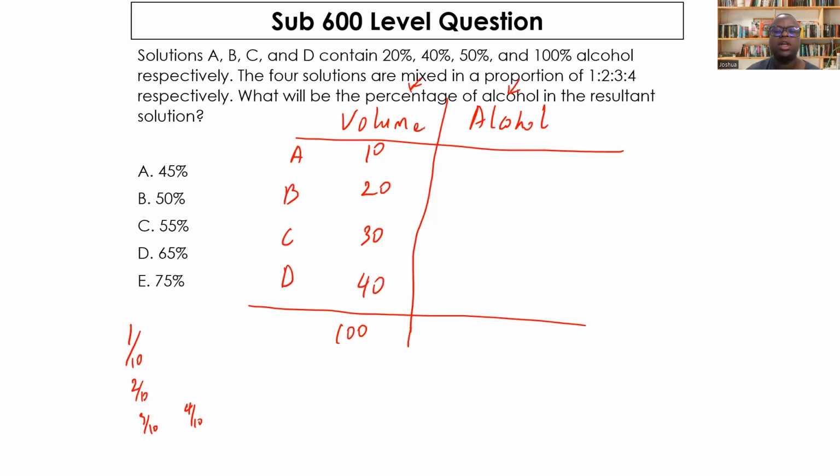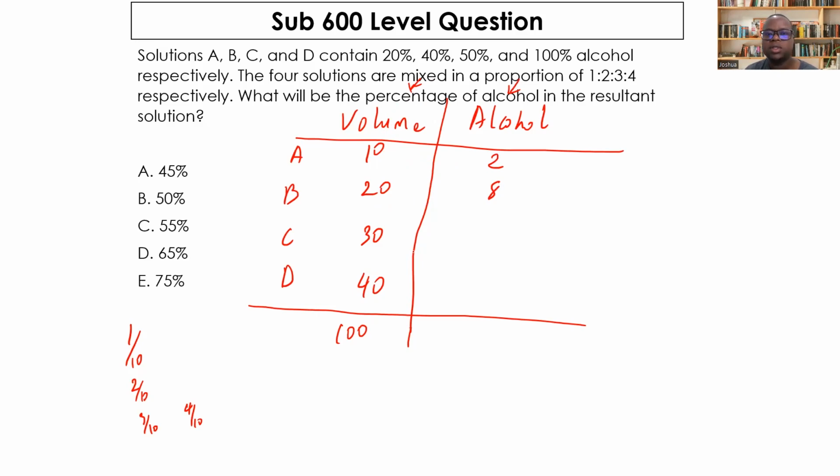That is the volume of the liquids as they are mixed. Then what is the volume of alcohol in these liquids? That is the next thing we need to find out. If 20% of A is alcohol, what volume is alcohol? 20% of 10 becomes 2. And 40% of 20 will be 8.